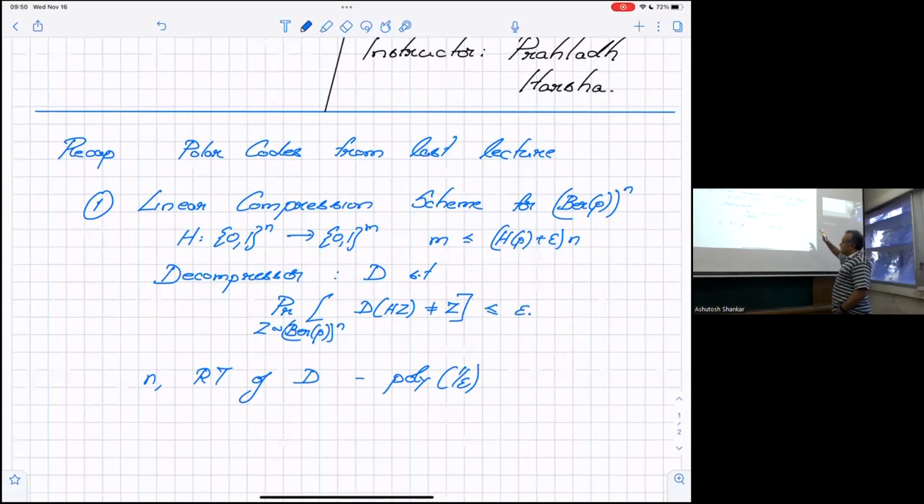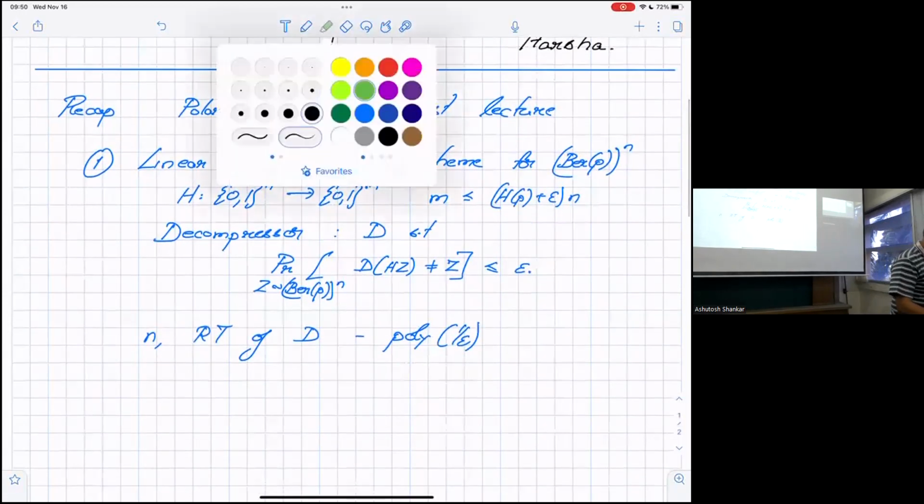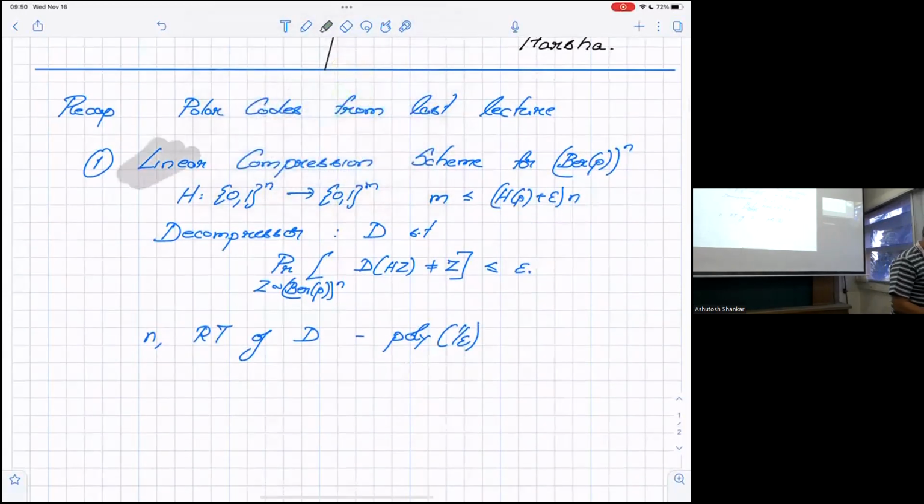Let's keep epsilon as the only parameter, which is how close we want to capacity. We want n not to be too large: n should be polynomial in 1 over epsilon, the running time of the decompressor should be polynomial in 1 over epsilon, and we want the error to be small in epsilon. This is what we want. So this was the first of the things that we had said.